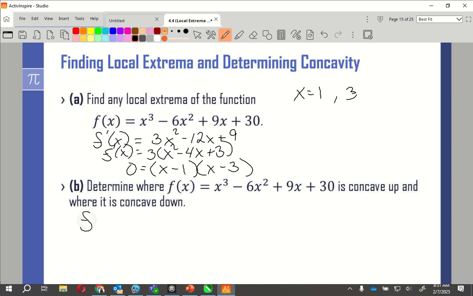So f double prime of x is going to be equal to 6x minus 12. Factor, I get 6 times x minus 2.